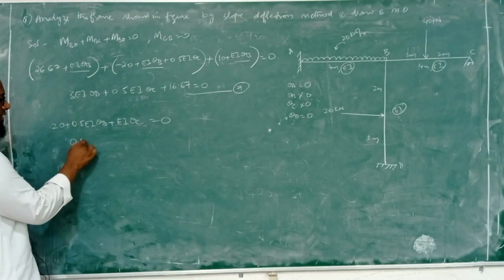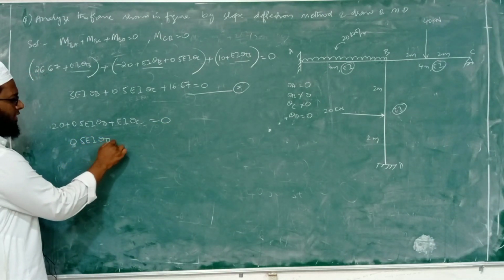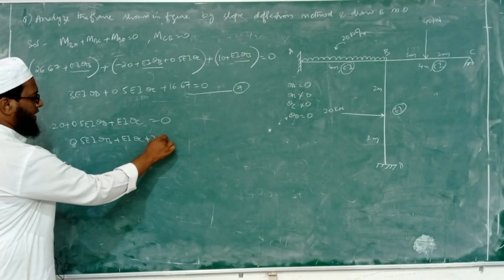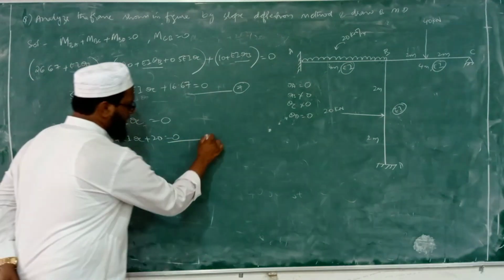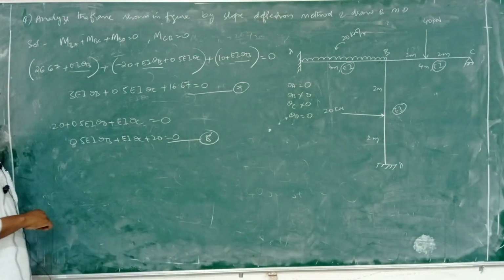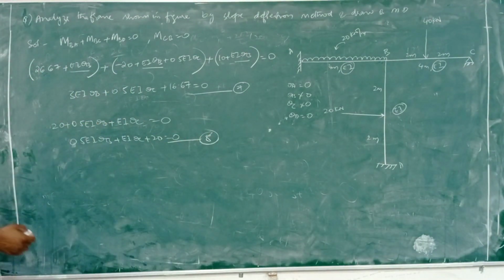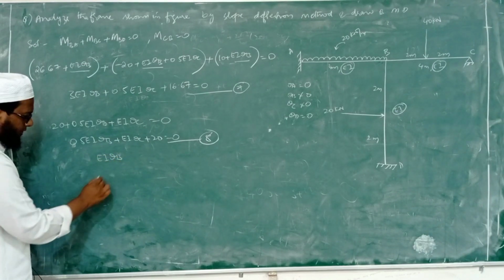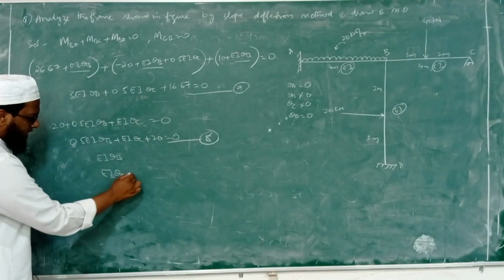Okay, so we have here 0.5 EI theta B plus EI theta C plus 20 is equal to 0. This is equation number 8. Once you solve equation number 7 and 8, you will get the value of EI theta B and even you will get EI theta C values.